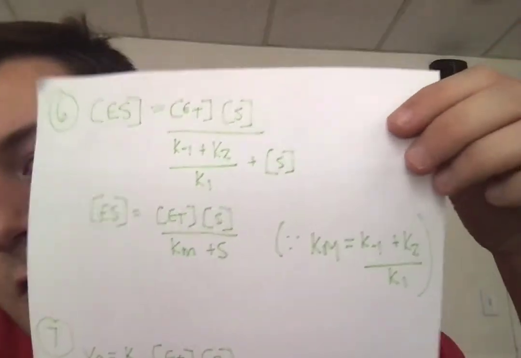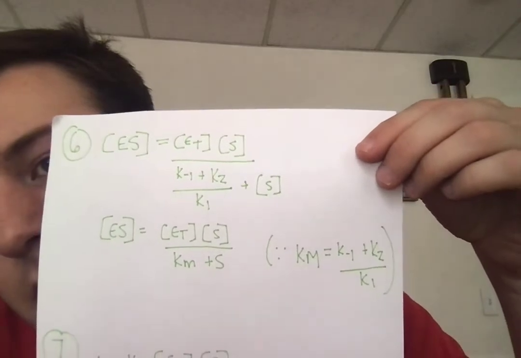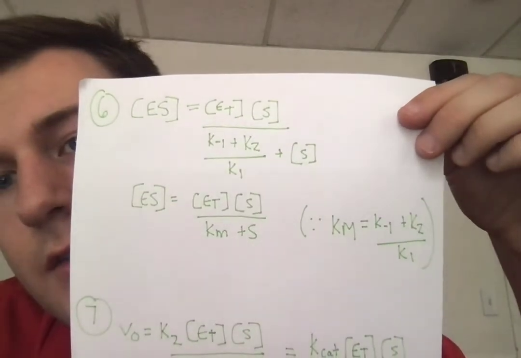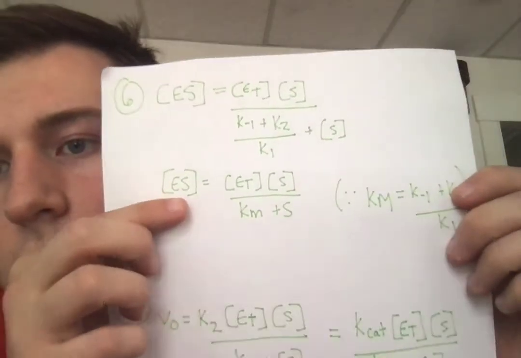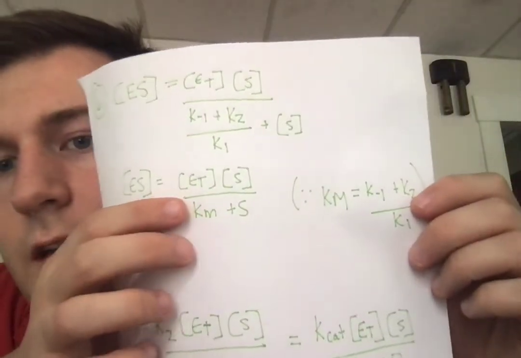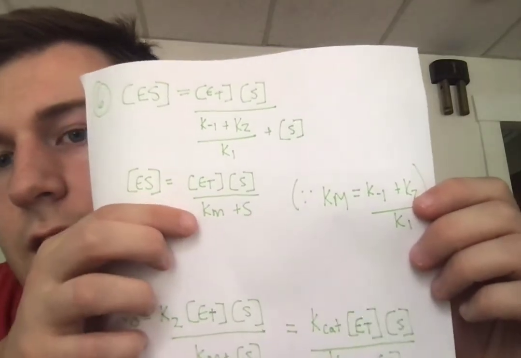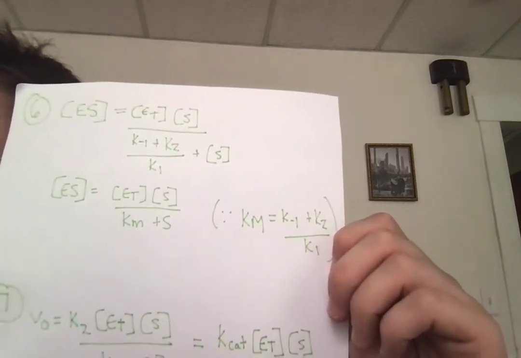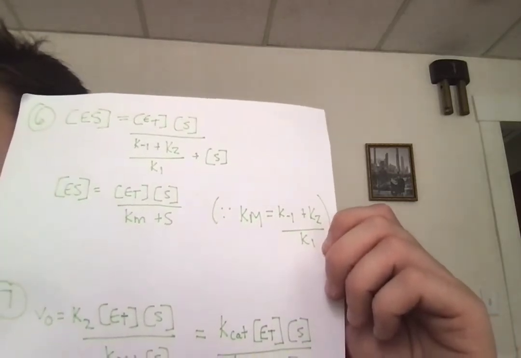And this I have pictured here, which is ES equals ET times S over K negative 1 plus K2 over K1 plus S. Which then becomes ES equals ET times S over Km plus S. And then as we can see here, Km equals K negative 1 plus K2 over K1. That's just for reference there.